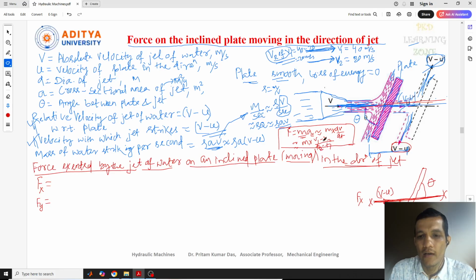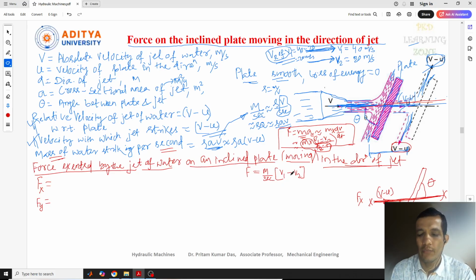So this mass per second is nothing but the mass flow rate, which we have calculated here, and this is the change in velocity, v1 minus v2. So just writing the short form, this is mass striking per second, and in brackets v1 minus v2. Okay, I hope you understand.